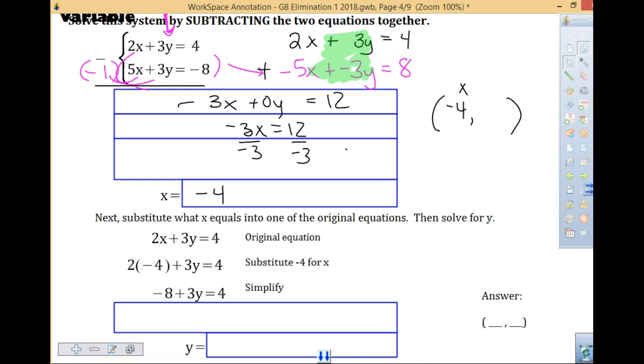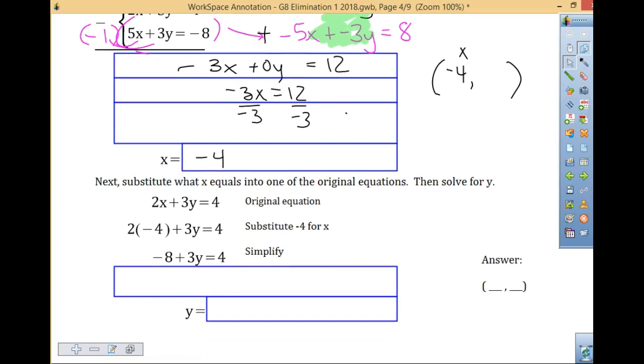Grace, if I'm trying to get the 3y totally by itself, what do I need to do? I'm going to add 8 to both sides, right? So now I'm left with 3y equals 12. Johan, if I'm going to solve for y, you have to divide both sides by 3, and my y is going to equal 4.